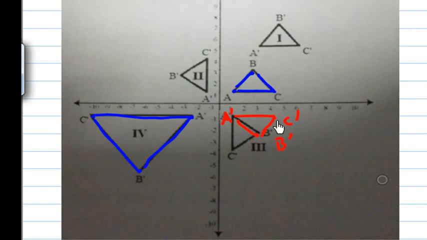Then you make another reflection in the y-axis. Then you get a second image, which will be here, and this will be A double prime, B double prime, C double prime.